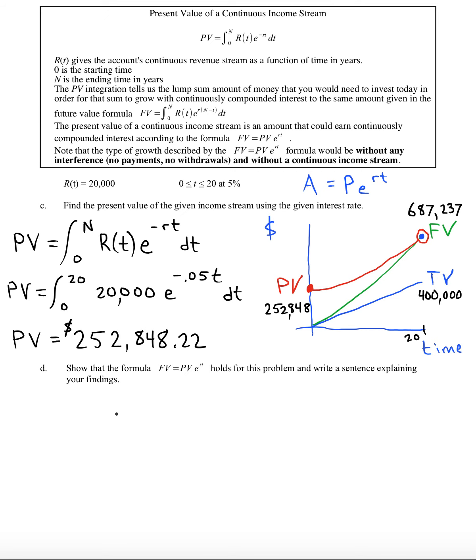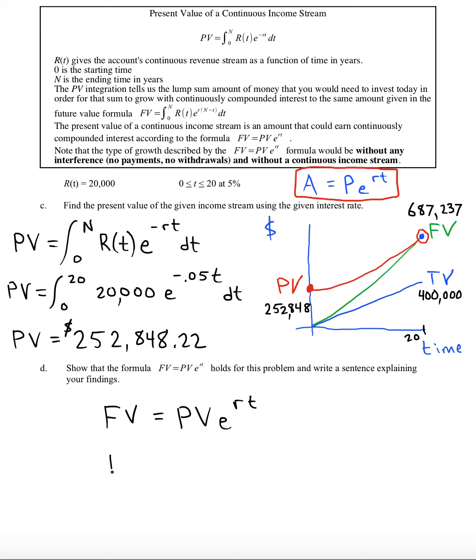We also have the relationship here that the future value will equal the present value times e^(rt), in accordance with the formula that we have from the past. And let's just see if it's true. And we'll plug in our numbers that we had.